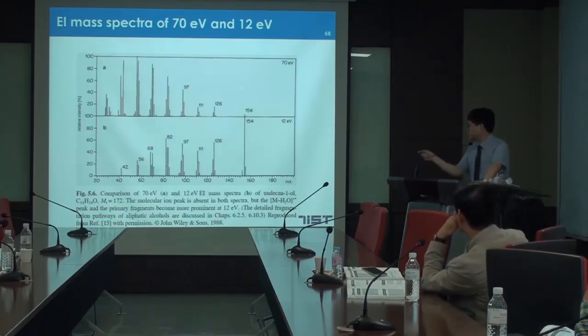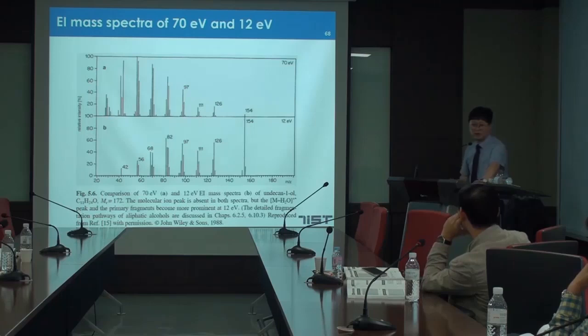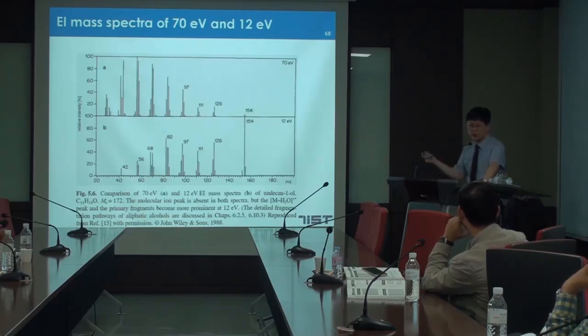For these cases, there is an M+ value, so we can use this one. But sometimes we lose this peak, and then it's better to use CI or ESI, which I will explain later.